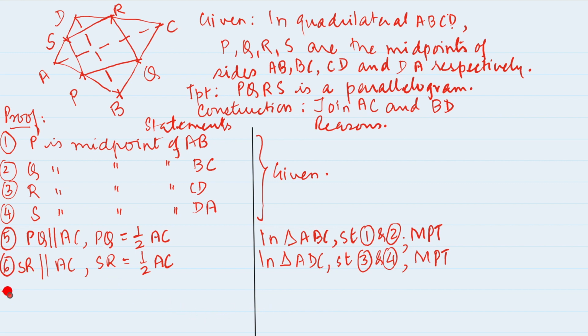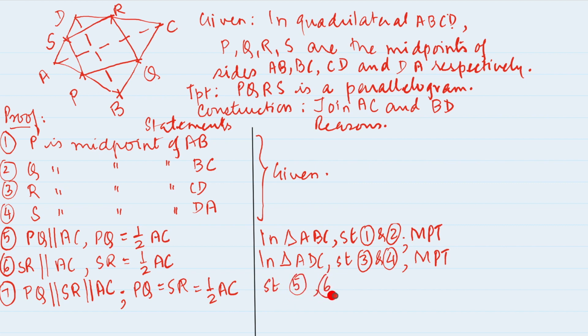Now from these 2 statements, it has to be understood that PQ will be parallel to SR, will be parallel to AC, correct? And PQ will be equal to SR, which is equal to half of AC, correct? Yeah, so this will be from statement 5 and 6.